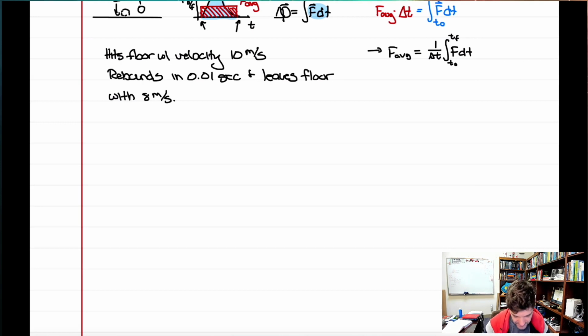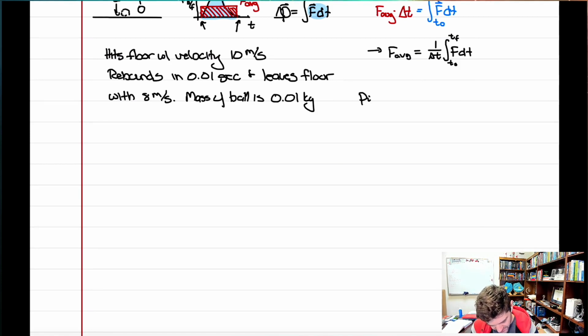But we have to be careful with our signs. I guess I need a mass for this thing. So let's suppose it's 10 grams. So mass of the ball is 0.01 kilograms. Well, in that case, if I wanted to write that down, the initial momentum before it interacts with the floor is 0.01 kilograms times 10 meters per second.